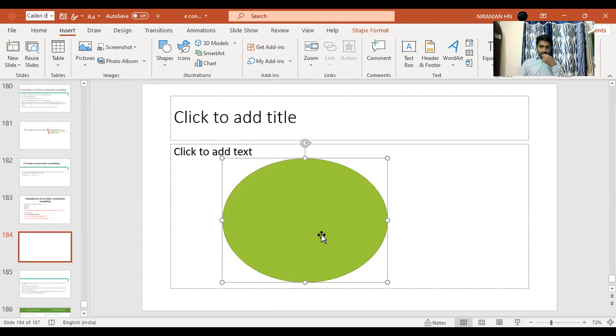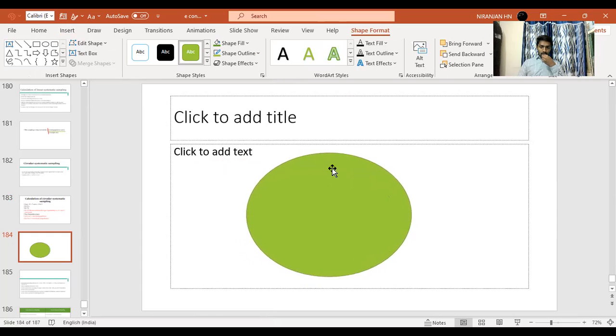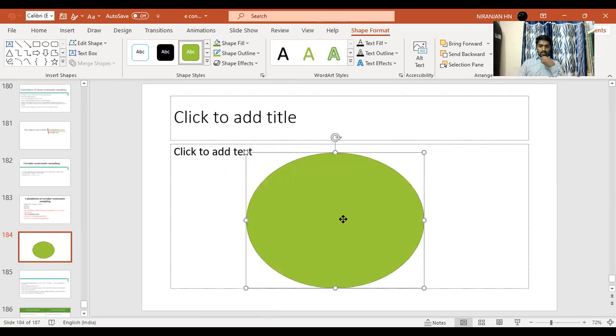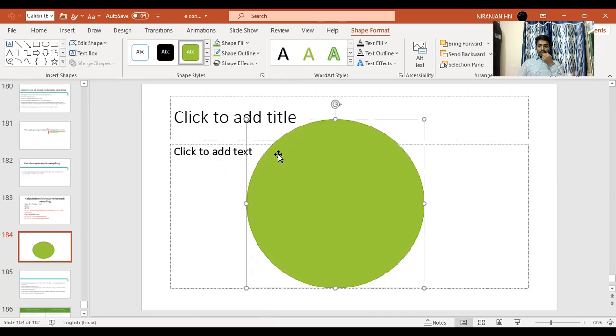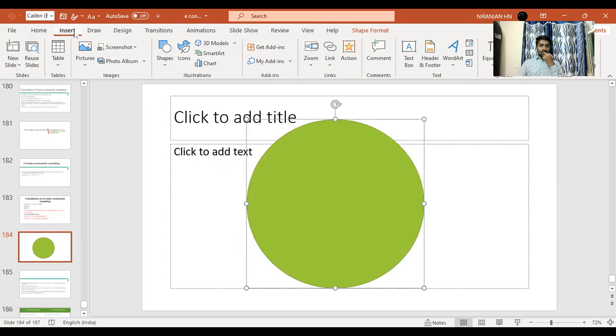I'll choose a circle. Because it is circular systematic, as the name says, we have to choose a circle, because it is in a systematic way. After that, we have to have some boxes here.